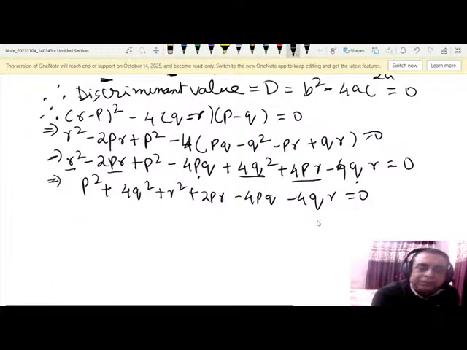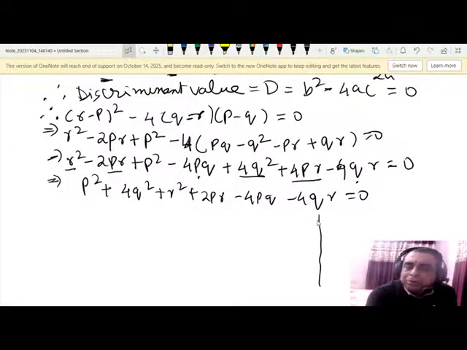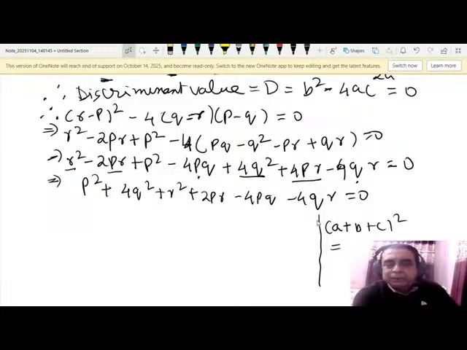Now see here, we know the formula of the square of three terms, (a plus b plus c) whole square. What is the formula? Here you notice that the product of p and q is negative, the product of q and r is negative, and the product of pr is positive.